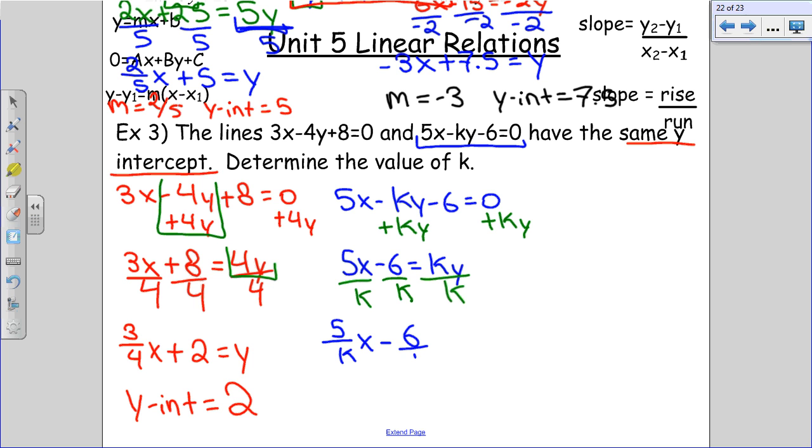If I gave you that equation right now, and I said, what's the y-intercept? This equation. The y-intercept would be negative 6 over k. But we just don't know what k is. Correct? What do we need that y-intercept to actually equal? 2.